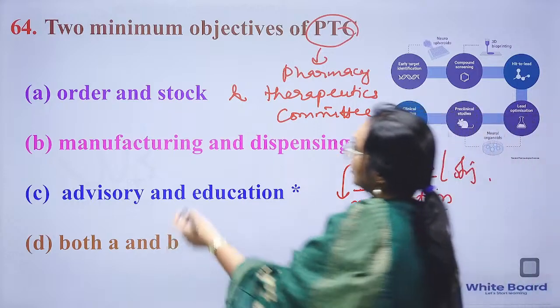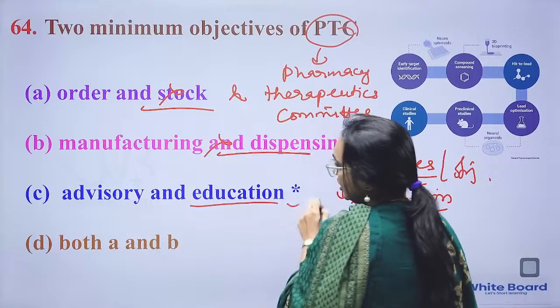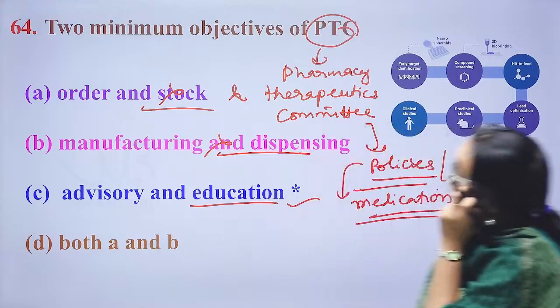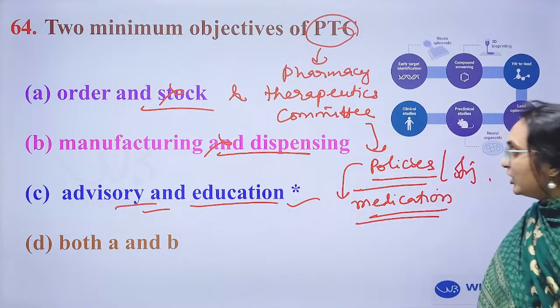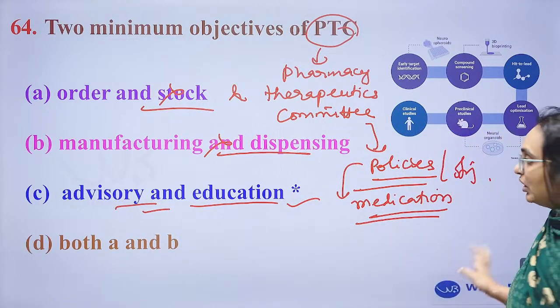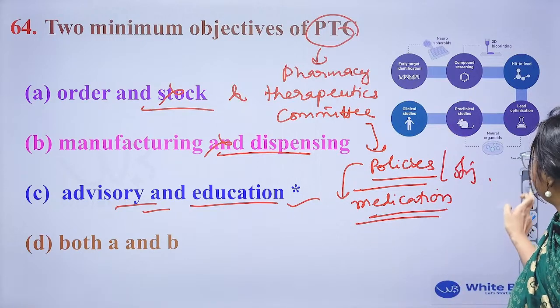So, the objectives are to maintain order in stock, manufacturing, dispensing, advisory and education, both A and B. The main objectives are to make policies, advise on the medications and educate about the medication. So, here 64 answer is C.